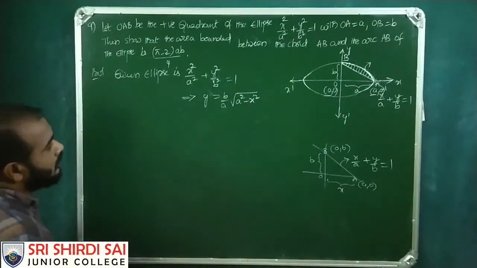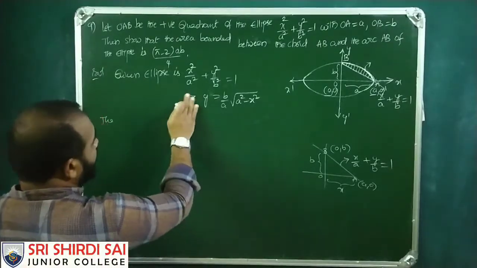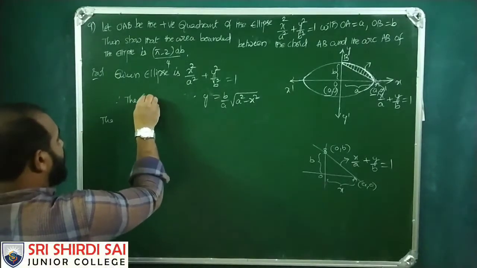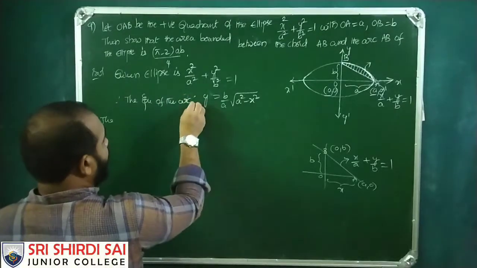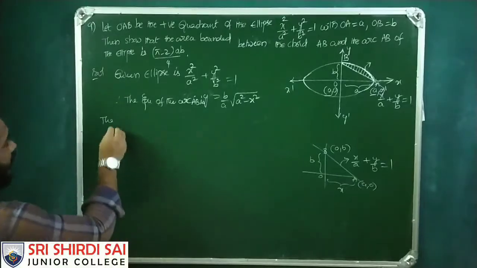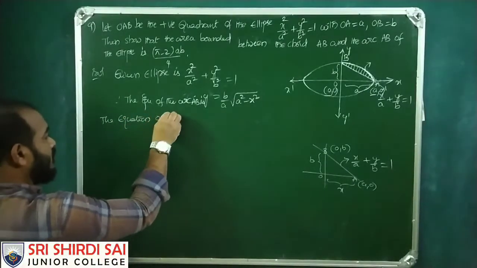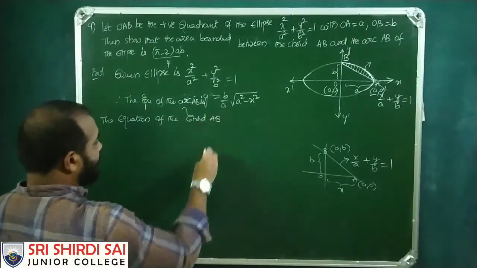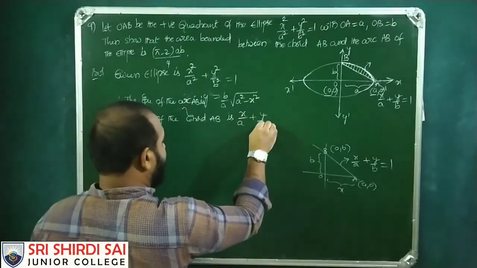Therefore the equation of the arc AB is this, and the equation of the chord AB is x by a plus y by b equals to 1.